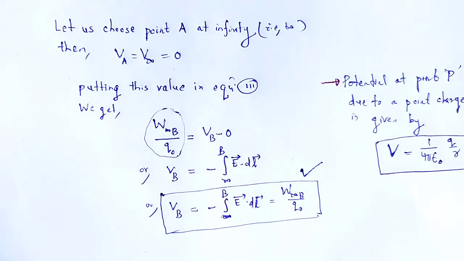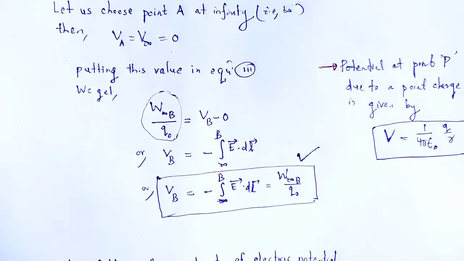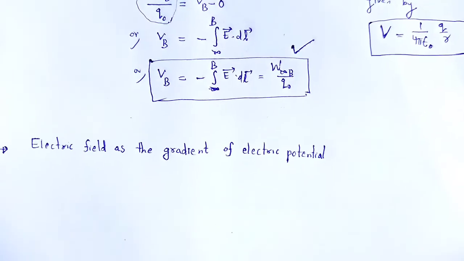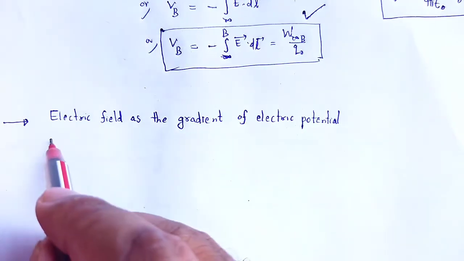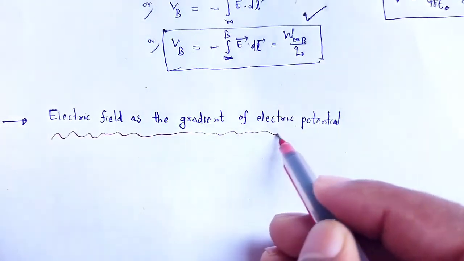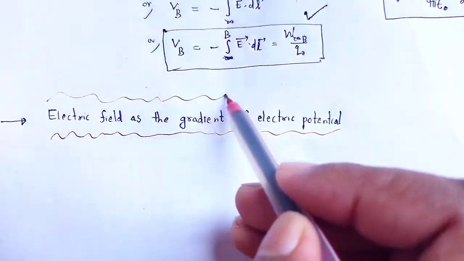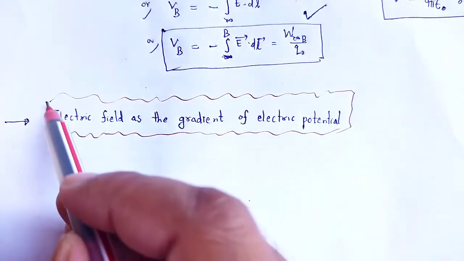Now, we derive a relation between electric field and the gradient of electric potential.